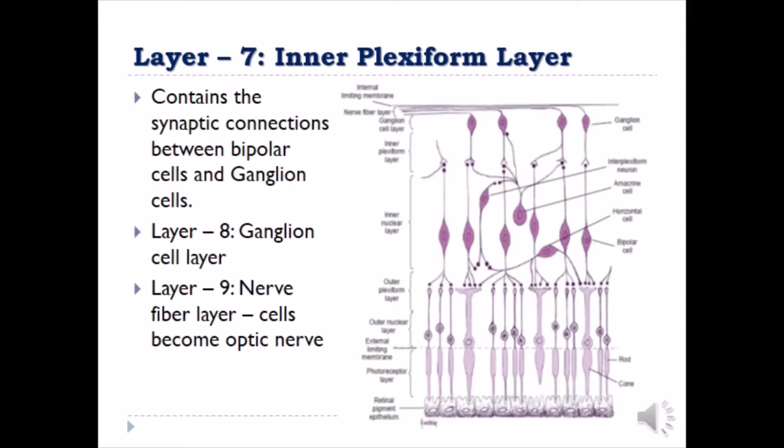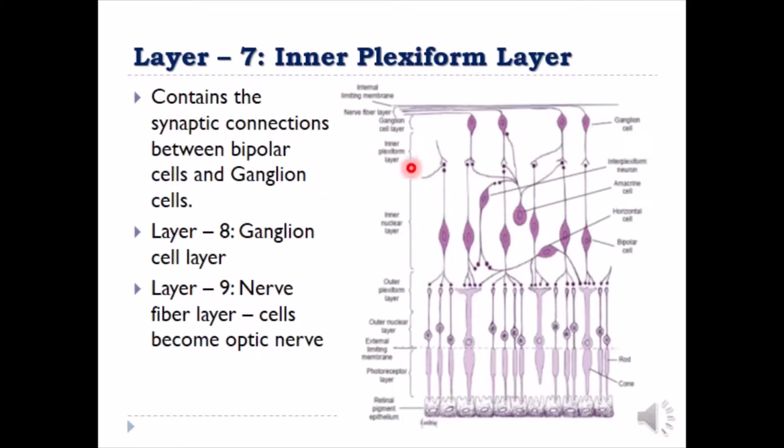Okay, here you go. These are layers 7, 8, and 9. So it is easy to remember now. The seventh layer is the inner plexiform. It is nothing but the connections between bipolar cells and ganglion cells. Now after the inner plexiform, these are the ganglion cells, and after ganglion cells, the connections of all these ganglion cells continue as the nerve fiber layer.